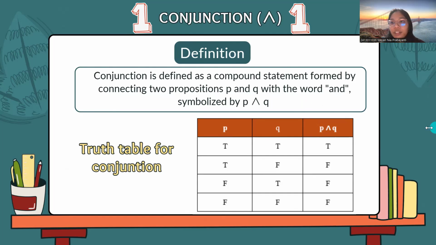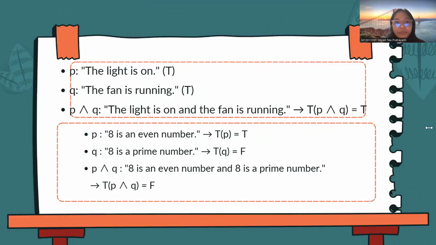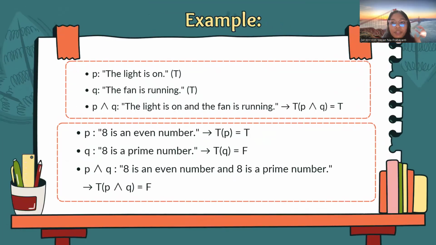So let's take a look at the example. We have the statement P, the light is on, and the truth value is true, and Q is the fan is running, and the truth value is true. So P and Q will be the light is on and the fan is running.